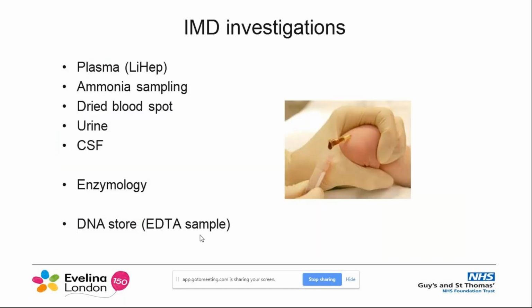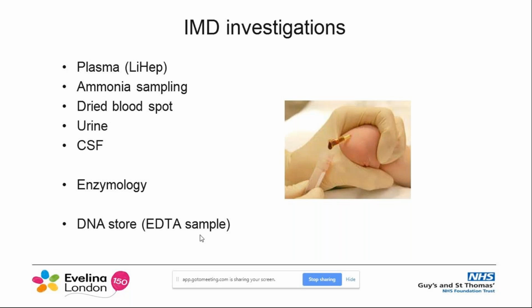So again, just in summary, samples that are helpful for us are a plasma, which tends to be a lithium heparin in our hospital. Be careful with ammonia levels or sampling. I think you have hyperammonemia at another point, but free flowing needs to go on ice and be analysed fairly quickly.